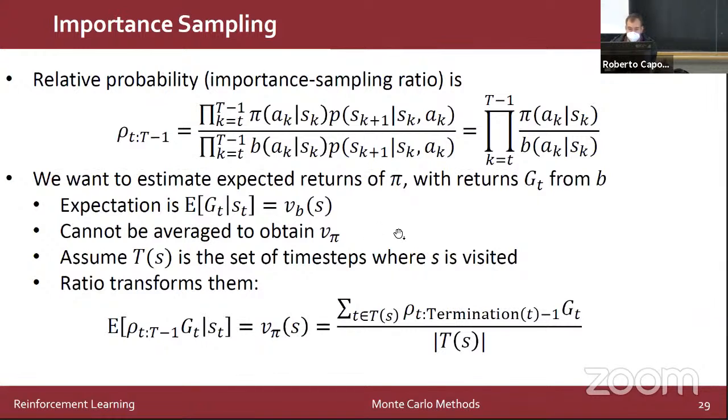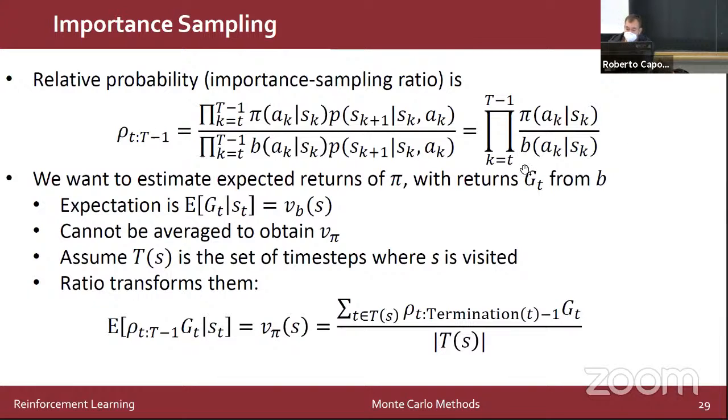Now, if we want to compute the relative probability, which is the ratio of how the trajectory would have been sampled by the target policy compared to how it is sampled by the behavior policy, you simply simplify this and the transition probability terms get deleted. This leaves you with just the division of pi and b.